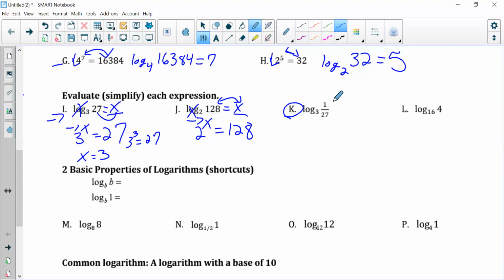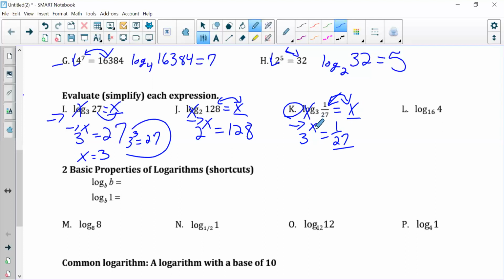Oh, what about k? Do my rules change when I have a fraction? Nope. So equals x. Once again, switch them places. This becomes an exponent. The log goes away. So 3 to the x power equals 1/27. All right, and this one we can actually solve if we think about it. Remember over here, we said 3 to the third equals 27. Well, I still have 27 here.